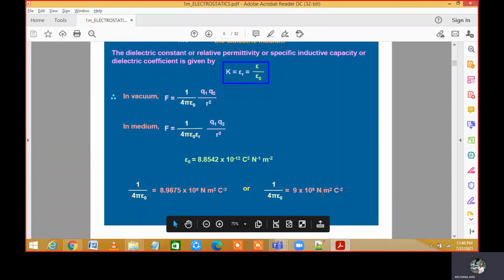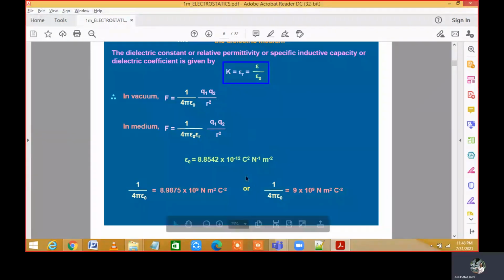Why the unit is Newton meter square Coulomb to the power minus 2? See from this formula, F is equal to 1 upon 4 pi epsilon naught Q1 Q2 over R square. Take epsilon naught on the left hand side, F and F in the denominator. Q1 Q2 means Coulomb into Coulomb, that is Coulomb square, upon meter square, and F comes in the denominator, then Newton.